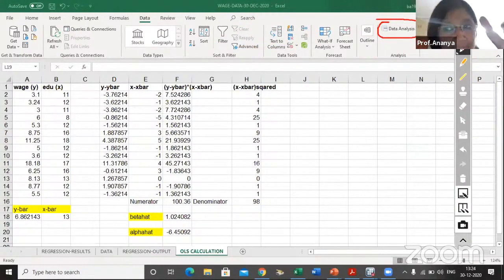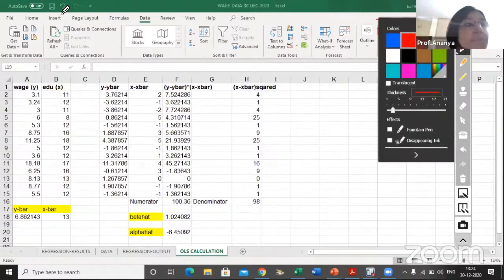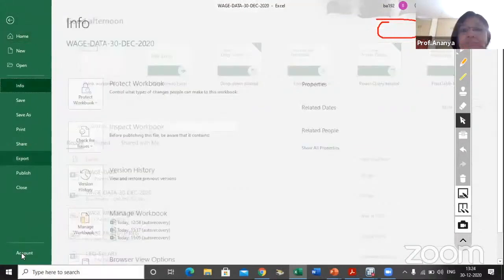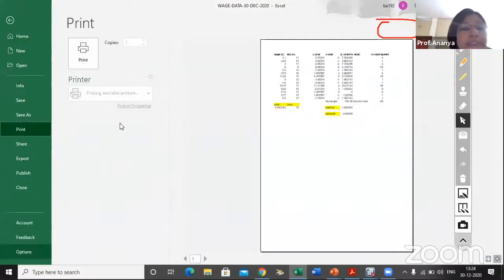In case your Excel is not showing it, then you go to File, and then you go to Options. Once you open File, it'll give you a whole bunch of things, and you go to Options. In Options, you will see this thing called Add-ins.